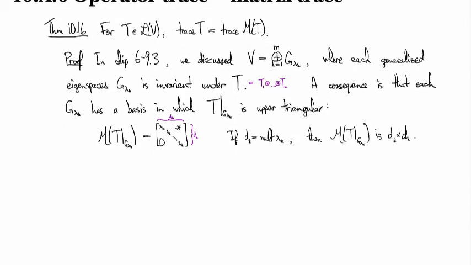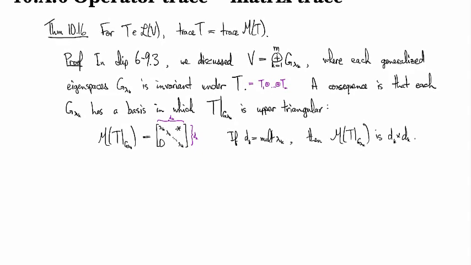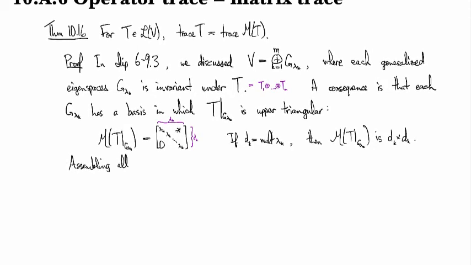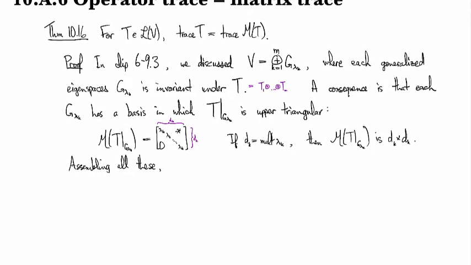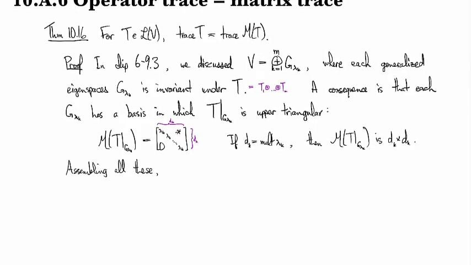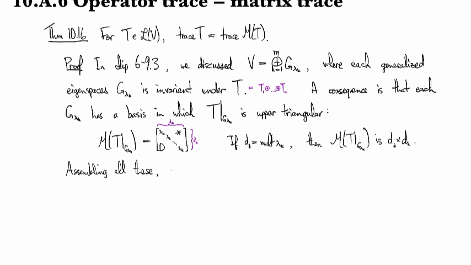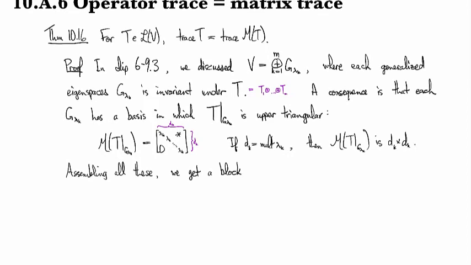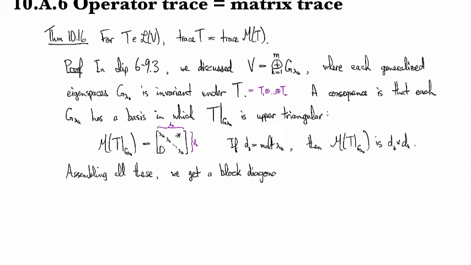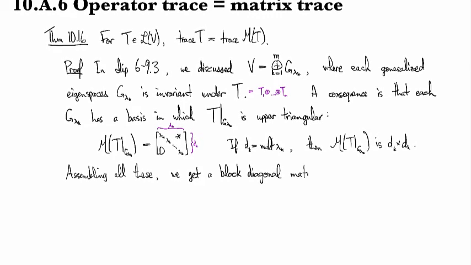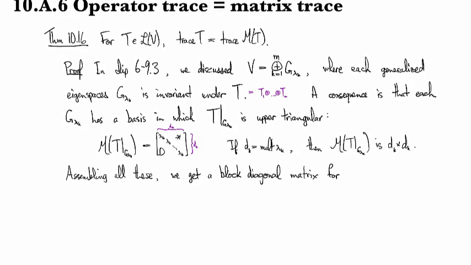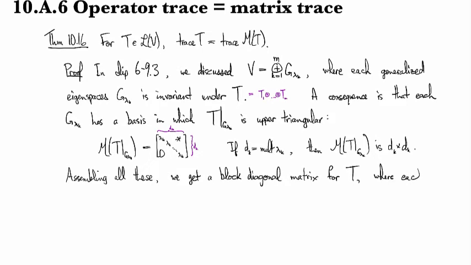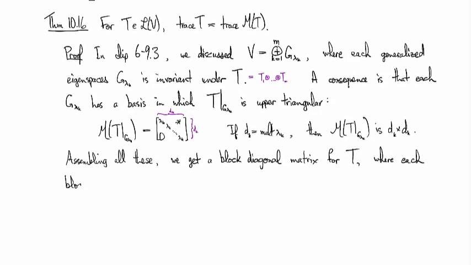Okay, so if we assemble, putting all these together, what does that mean for the full matrix? We get what's called a block diagonal matrix for T, where each block is of this form we just specified.